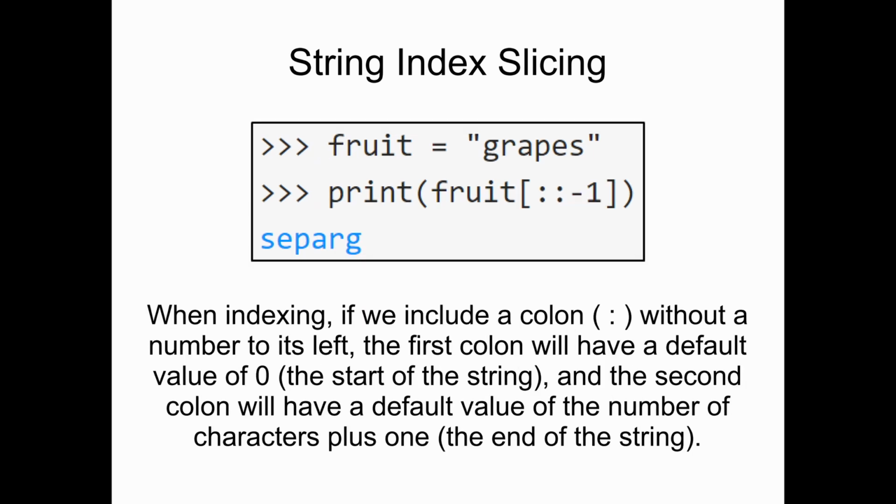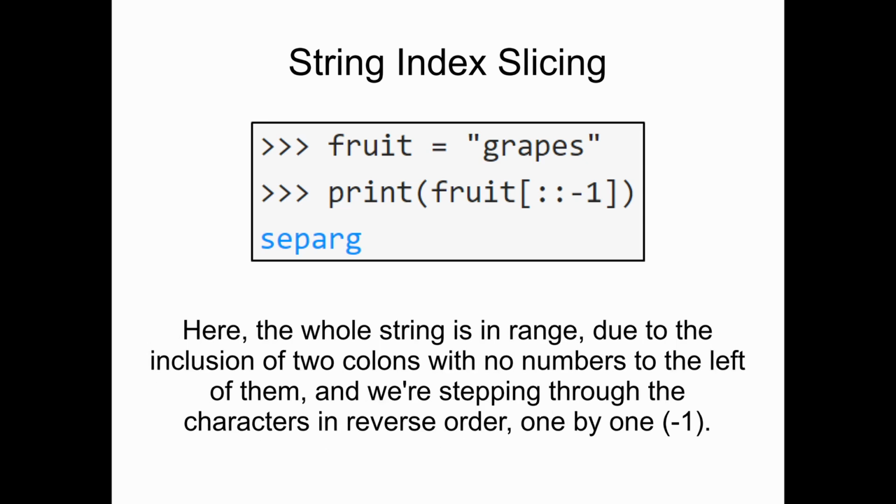When indexing, if we include a colon without a number to its left, the first colon will have a default value of 0, and the second colon will have a default value of the number of characters plus 1. Here, the whole string is in range, due to the inclusion of 2 colons with no numbers to the left of them, and we're stepping through the characters in reverse order, one by one.